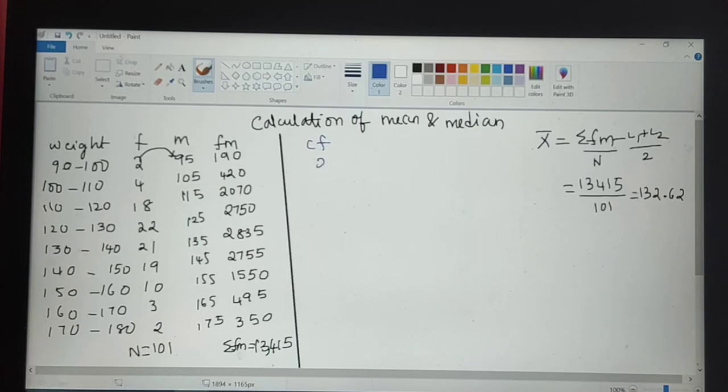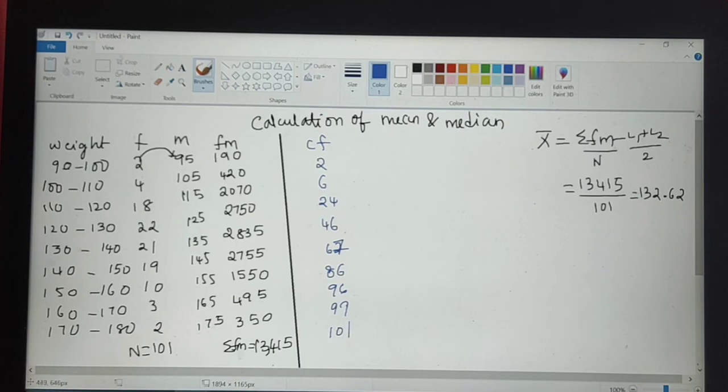The first value remains the same, 2, then 2 plus 4 is 6, 6 plus 18 is 24, 24 plus 22 is 46, 46 plus 21 is 67, then 67 plus 19 is 86, then 96, 99 and 101.